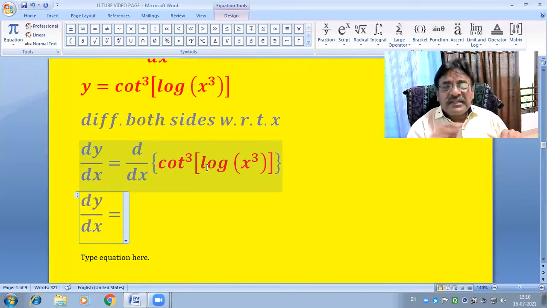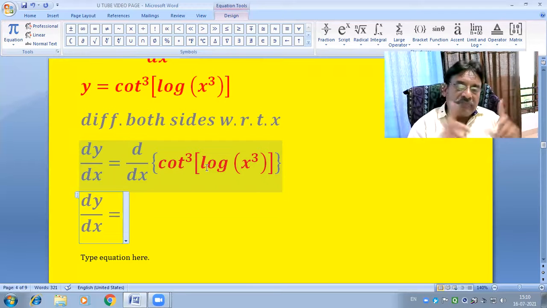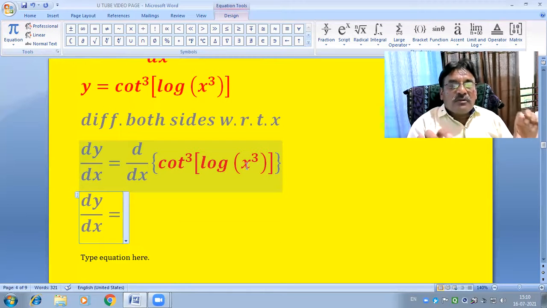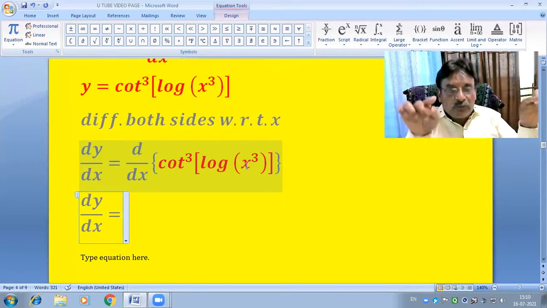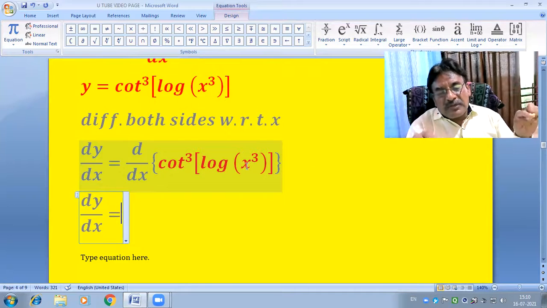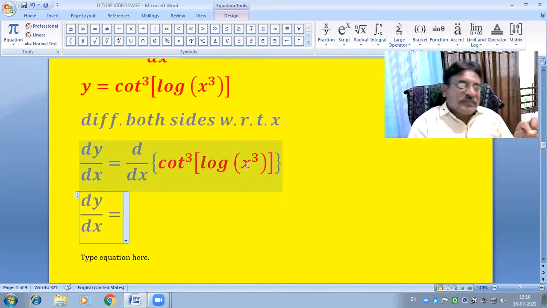And here f(x) is replaced by cot log x cube.